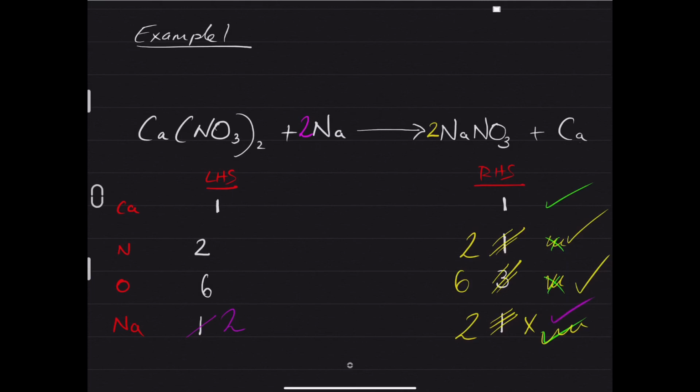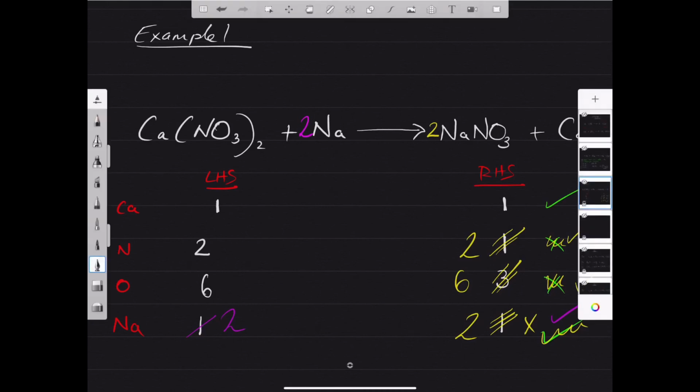And if we take a quick glance now at the atoms and elements on the left and right-hand side, we can see that they all now balance. The calcium is balanced, the nitrogen is balanced, the oxygen is balanced, and the sodium has also balanced out. So now we have a balanced chemical equation.